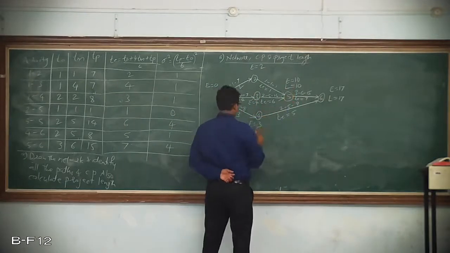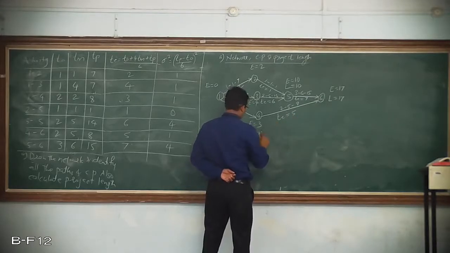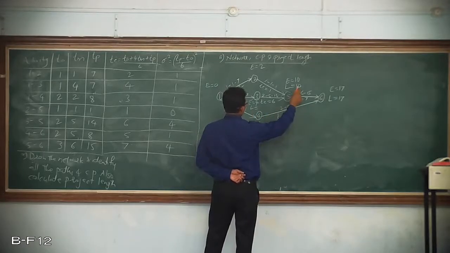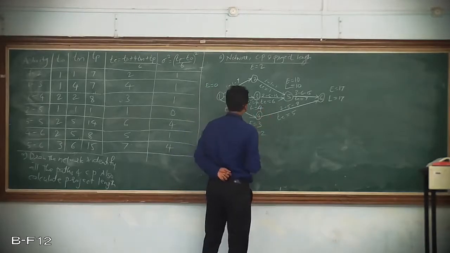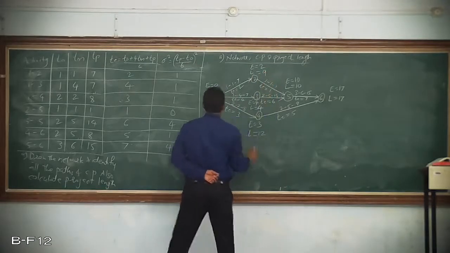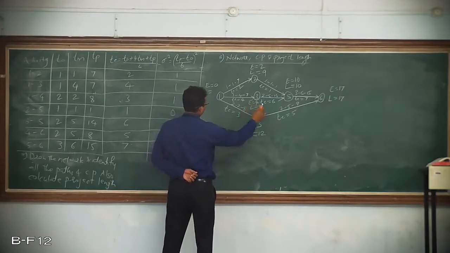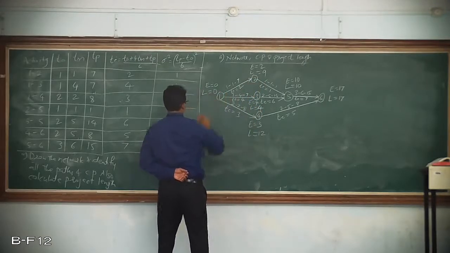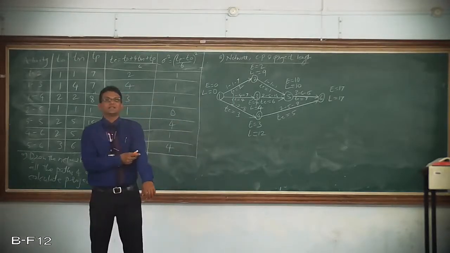Then I will come to event 4, L will be 17 minus 5, then I will come to event 3, L will be 10 minus 6, that is 4, and here L will be 10 minus 1, 9, and here L will be, so just see here, 12 minus 3 is 9, 4 minus 4 is 0, 9 minus 2 is 7, so which is the lowest? 0. Okay, got it? Hope there is no difficulty in identifying E and L values.